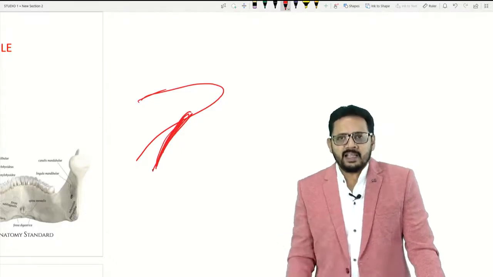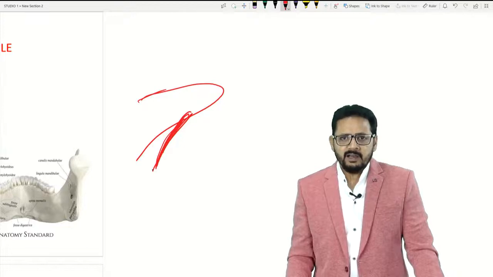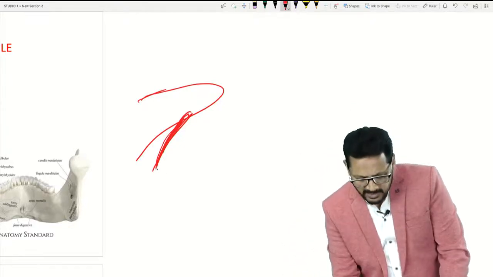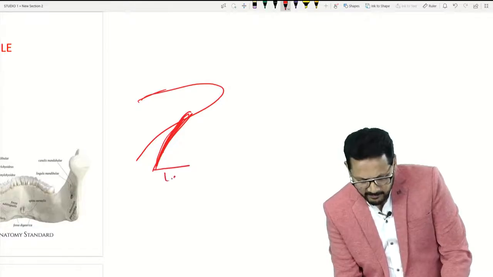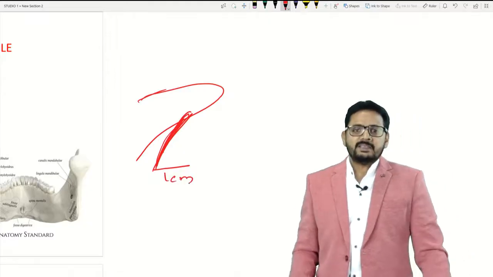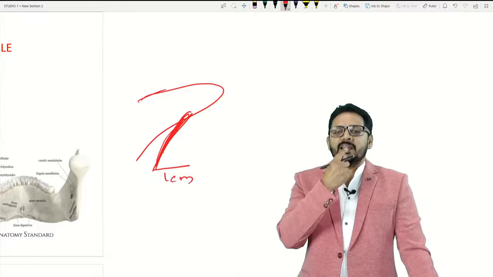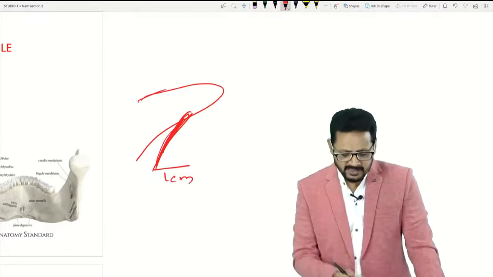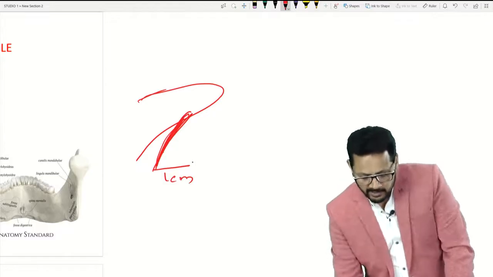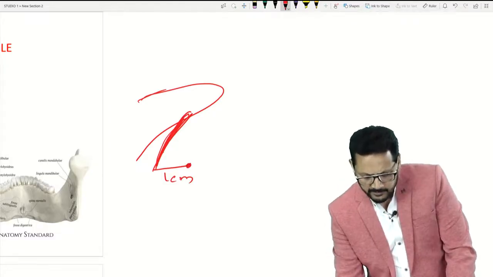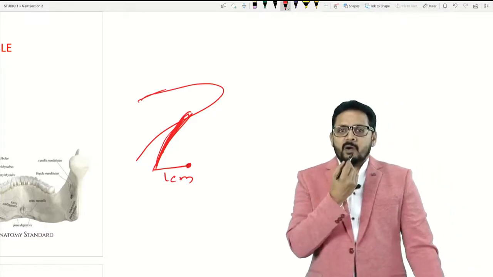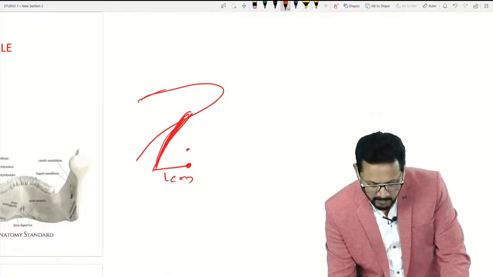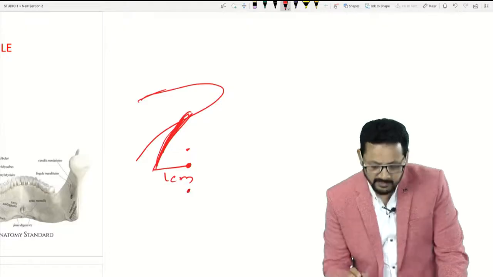From that frenal attachment, mark a point exactly 1 centimeter anterior. From that center point, measure 1 centimeter on either side.